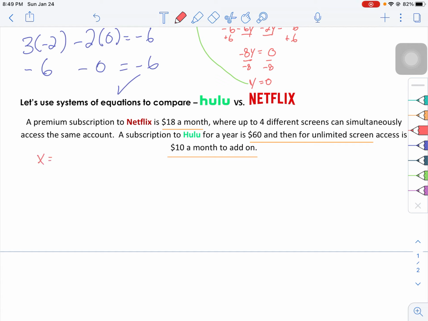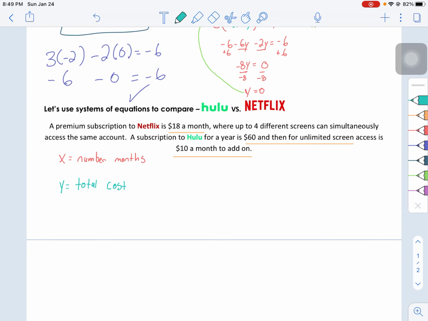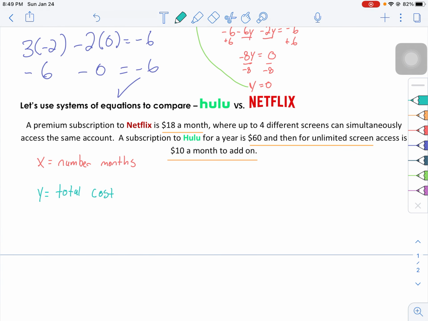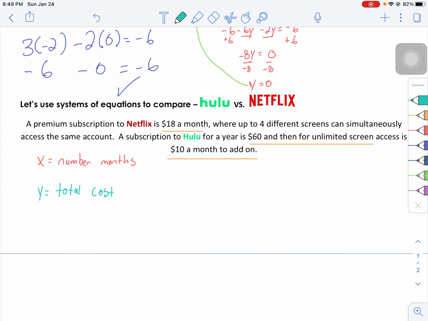We're going to say X is the number of months, and then Y is going to be equal to the total cost, right? This question is telling us that if we would want to spend the same amount of money, how many months could we watch this for?